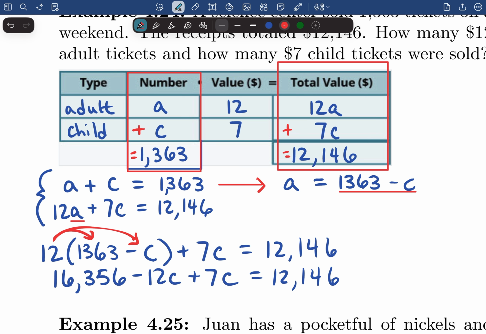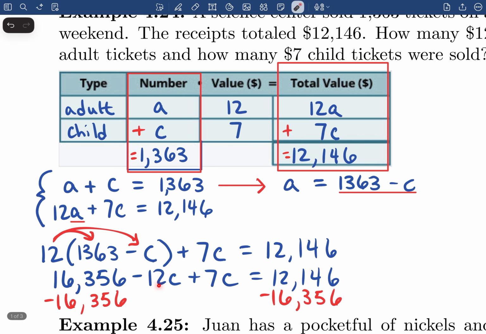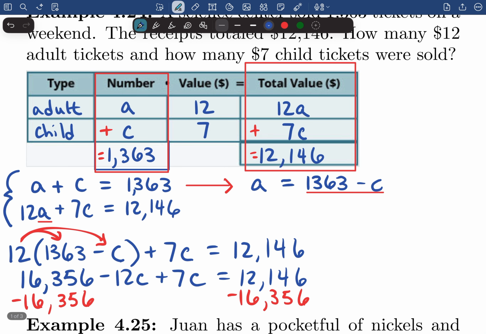I can now subtract 16,356 from the left side to the right side. And I can combine like terms: negative 12C plus 7C is negative 5C.